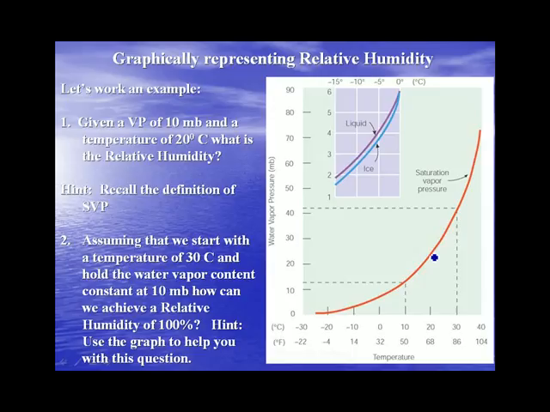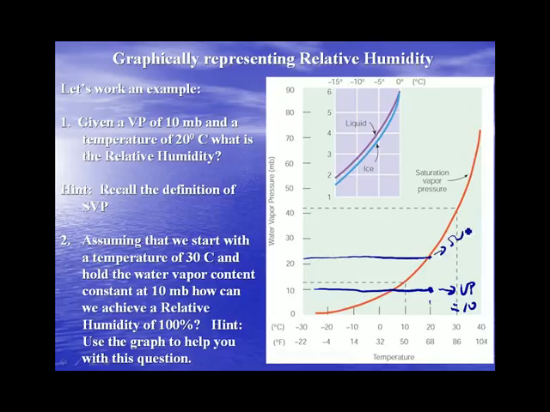Let's work a couple of examples here. Let's take a vapor pressure of 10 millibars and a temperature of 20 degrees Celsius. So let's see, here's 20 and a vapor pressure of 10. Now, this is our actual vapor pressure, which is 10. At 20 degrees, if I go straight up from 20 and intersect the saturation vapor pressure curve, that's about 22.